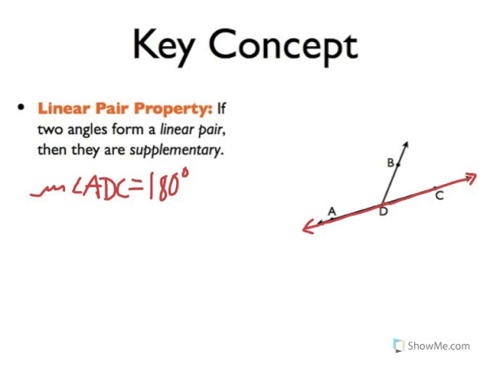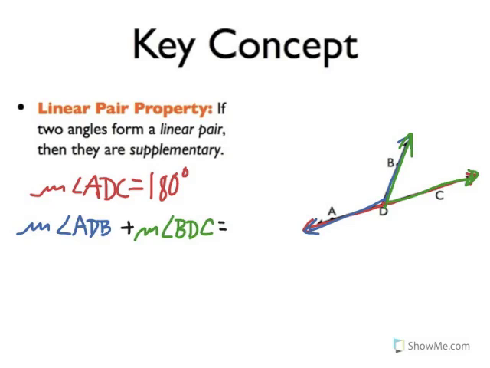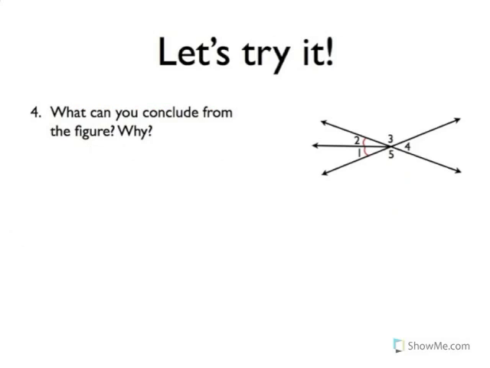So that also means the measure of angle ADB plus the measure of angle BDC has to equal the measure of angle ADC. In other words, two angles added together have to equal 180 degrees. That makes them supplementary. Let's put all these concepts together in one great big problem.